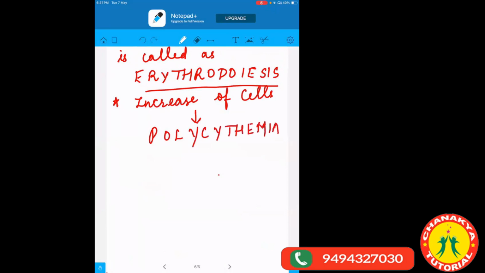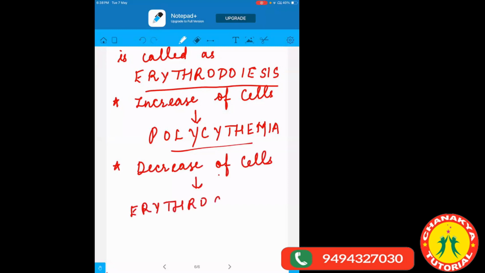So if the number of RBC increases in our body, it is called polycythemia. And if there is a decrease in the number of RBC cells, then it is called erythrocytopenia. Increase in the number is called polycythemia, whereas decrease is called erythrocytopenia.